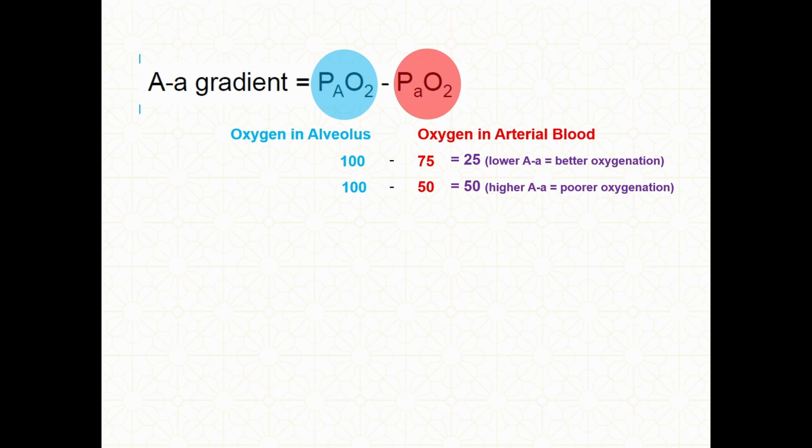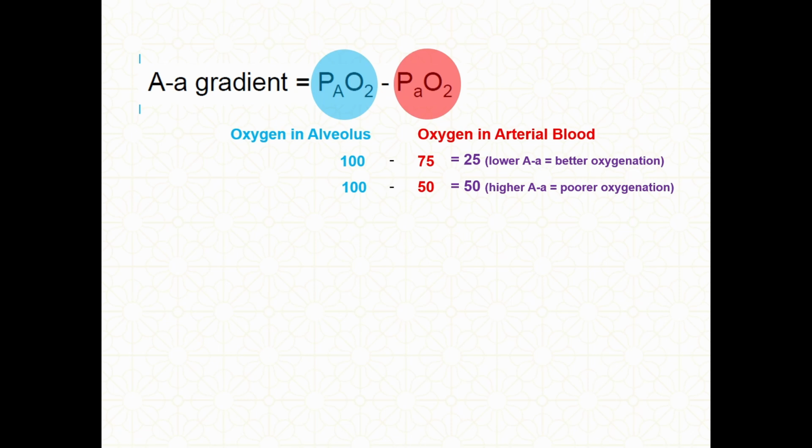Whereas if there was only 50 available oxygen that made it from the original 100 in the alveolus into the arterial blood, that means that there was 50 left over that didn't make it across. And so that's a worse oxygenation for us. So ideally, we want to see lower AA gradients, meaning that more oxygen is getting through that respiratory membrane and into our arterial blood.